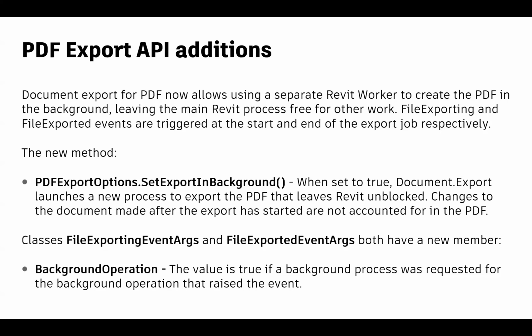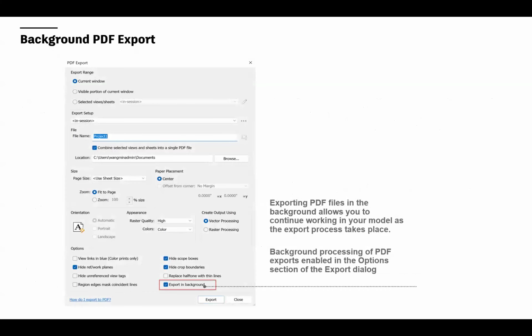Classes file exporting event arguments and file exported event arguments both have a new member, background operation. The value is true if a background process was requested for the background operation that raised the event. Again, this is new functionality, so there is new UI added as well. So for the PDF export options, there is a new checkbox, export in background, which indicates that the requested export is going to be executed in the background.